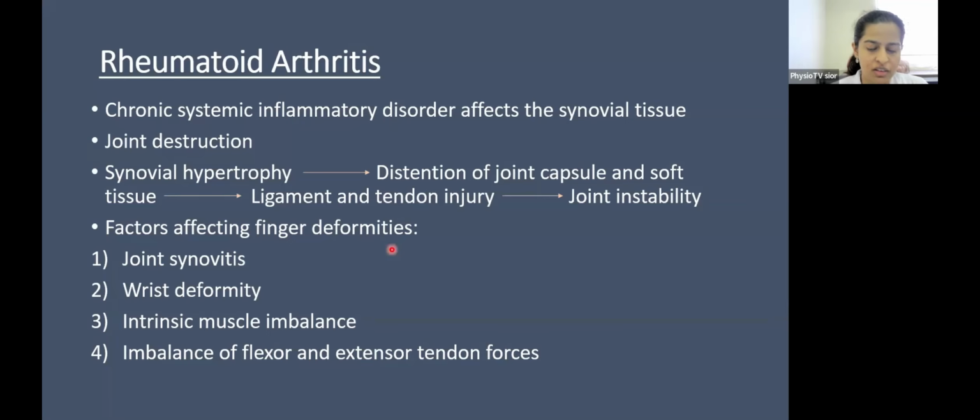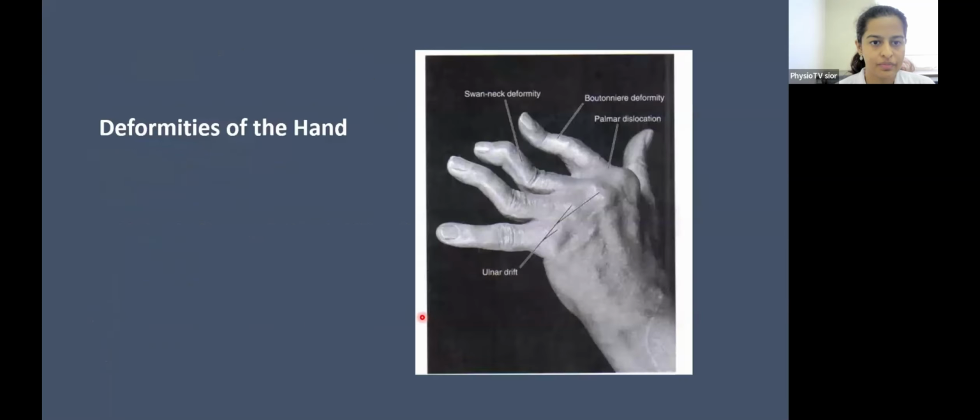So as the pressure on the tendon increases due to the synovitis, there can be reduced blood supply to it. And again, because of the compression and reduced blood supply, there can be an ischemic rupture of the tendon as well. And on the muscle, the intrinsic musculature gets fibrotic and tight, and therefore it can lead to further deformities.